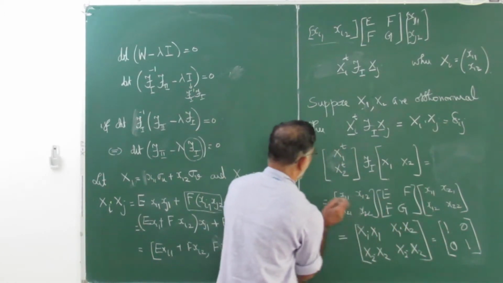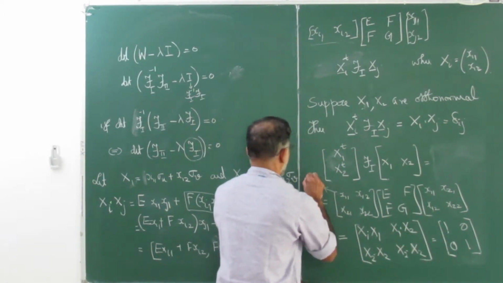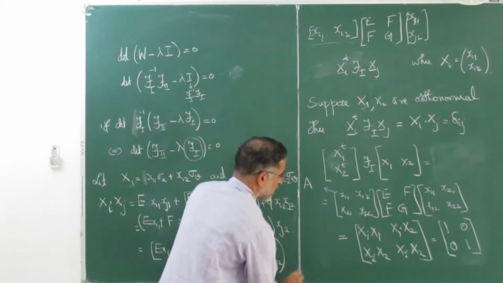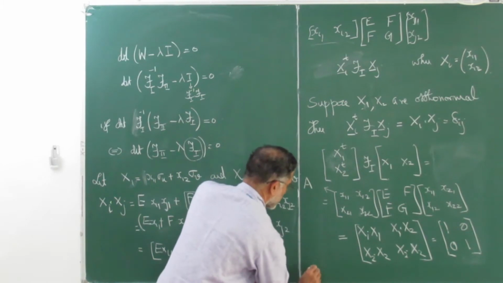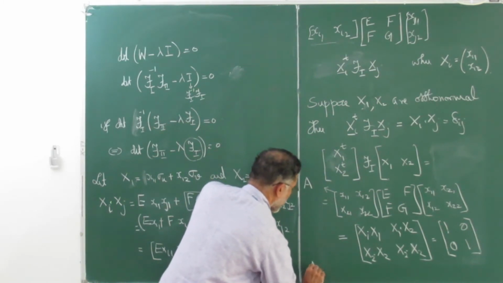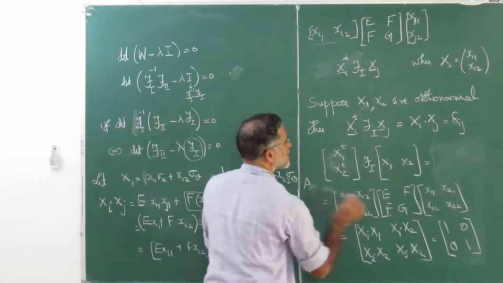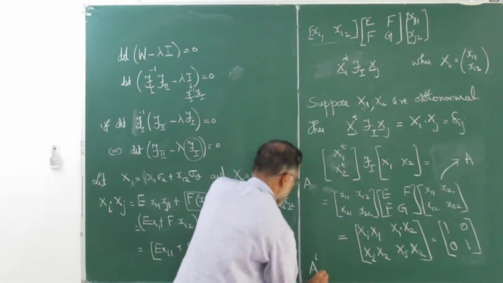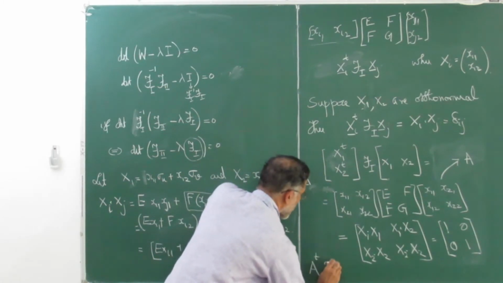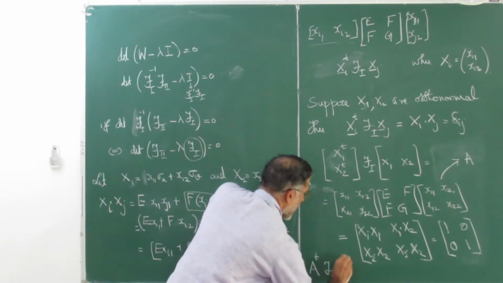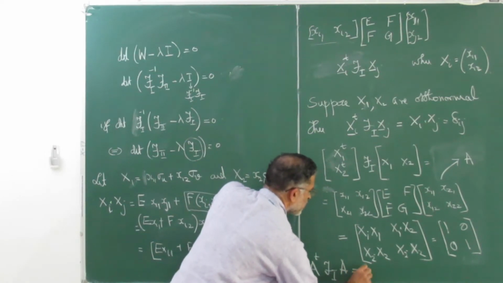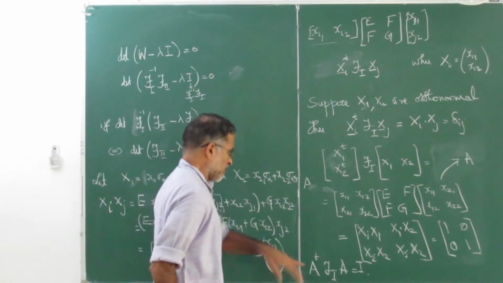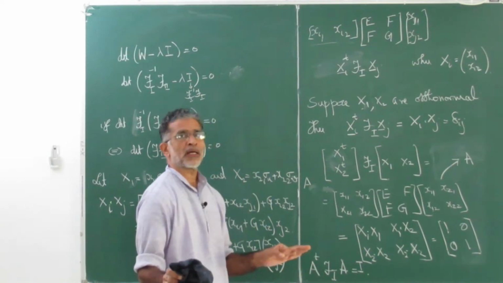then you are going to get this. So if you call this matrix A, then A transpose F1 A is actually equal to the identity matrix, because F1 actually gives the inner product.